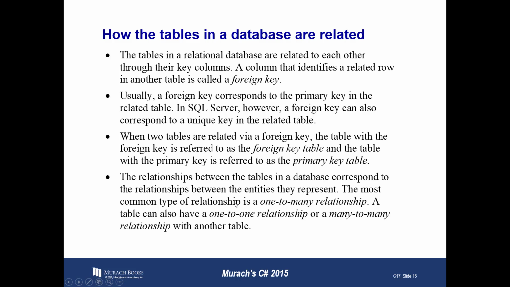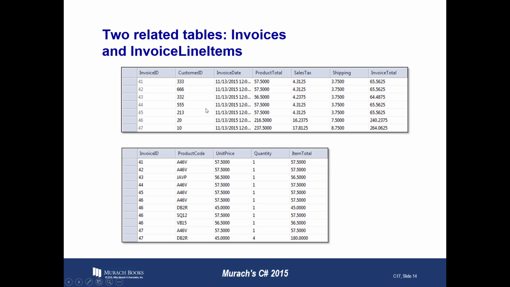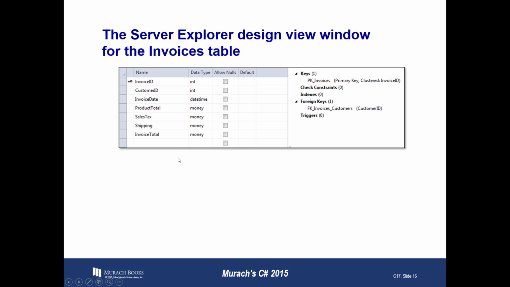Usually a foreign key corresponds to the primary key in a related table, as I mentioned. When two tables are related via a foreign key, the foreign key is referred to as the foreign key table. All right. This would be a one-to-many relationship. Every one invoice could have 0, 1, or more invoice line items.